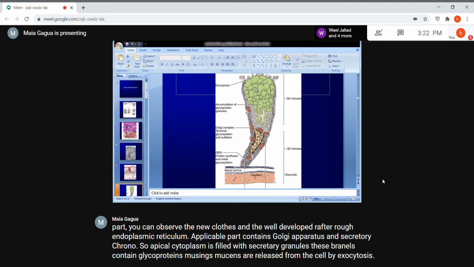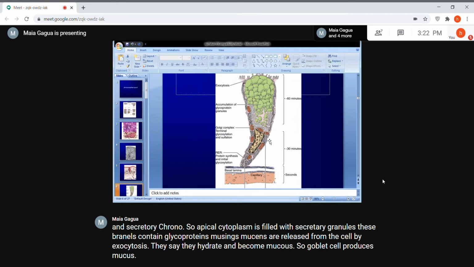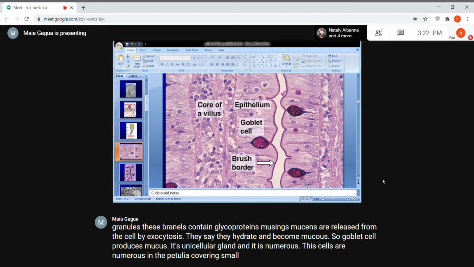They hydrate and become mucus. So goblet cell produces mucus. It's a unicellular gland and it is numerous. These cells are numerous in the epithelia covering the small intestine, large intestine, and also respiratory tract.